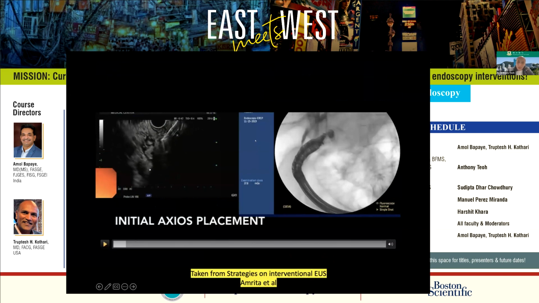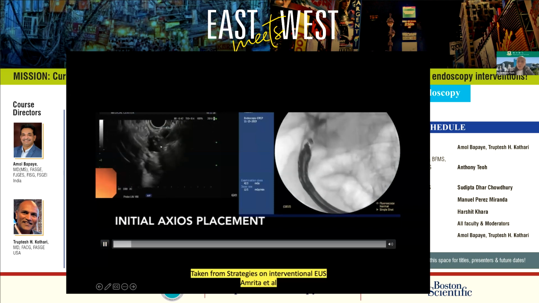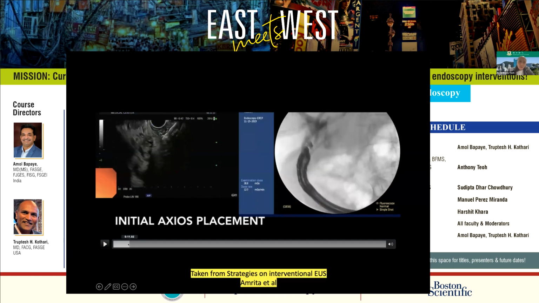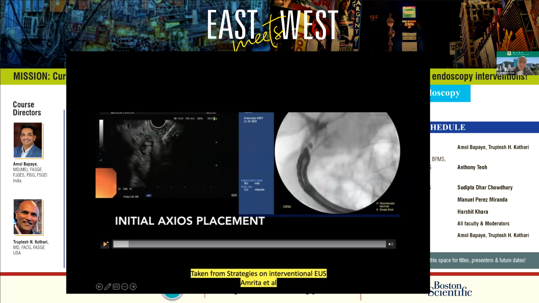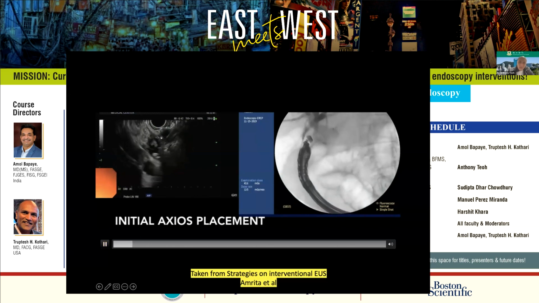For the bile ducts, because sometimes it's a very small target, if we puncture directly with the axial stent, sometimes the tip of the delivery system is in the bile duct, but the stent could be deployed outside the bile duct. So this is what actually happened. The tip is inside the bile duct, but it cannot be pushed completely inside the bile duct. And as a result, you can see the stent is actually deployed between the bile duct and the duodenum.